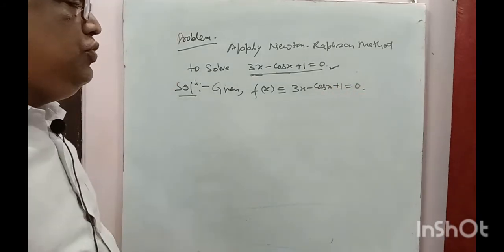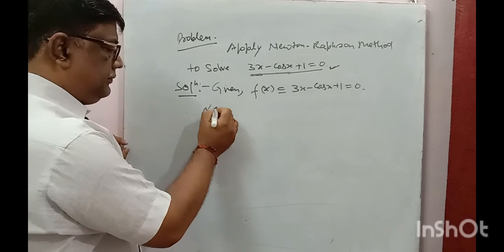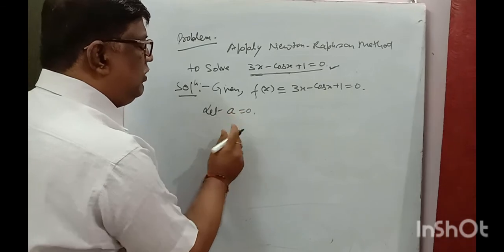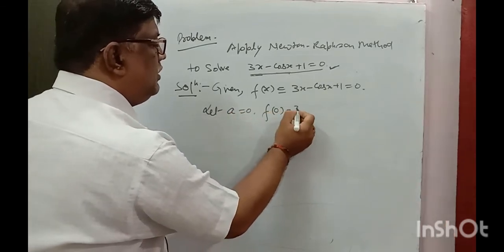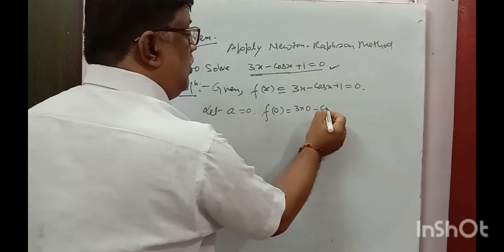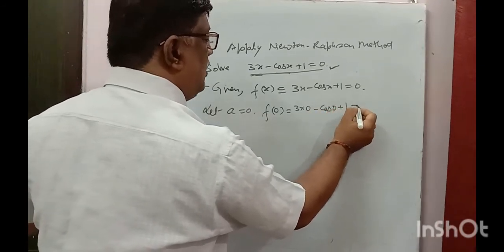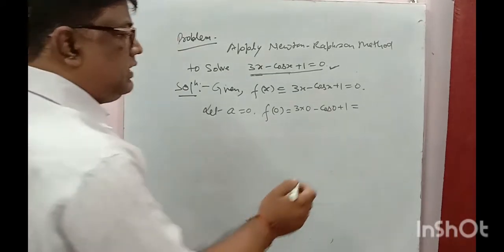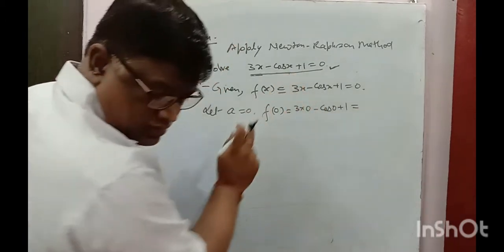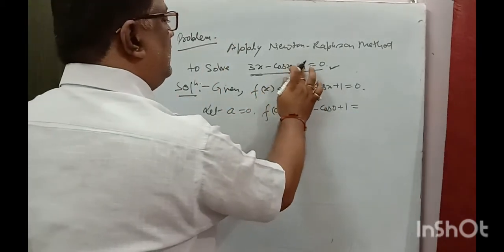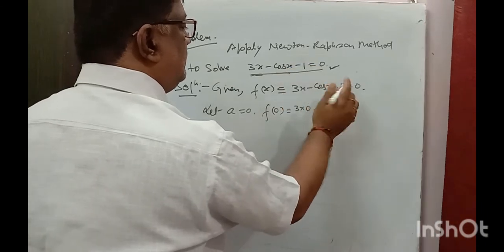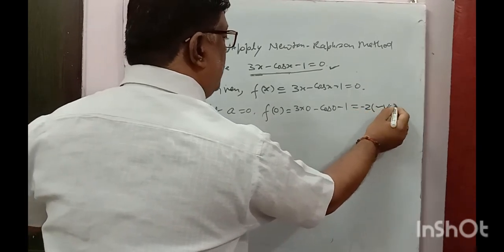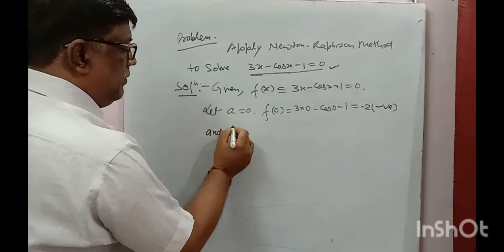Now take two approximations. Let a = 0, then f(0) = 3 into 0 minus cos 0 plus 1, and this gives minus 2, which is negative. And again b = 1.